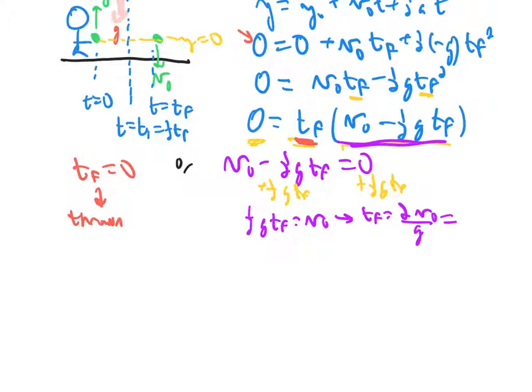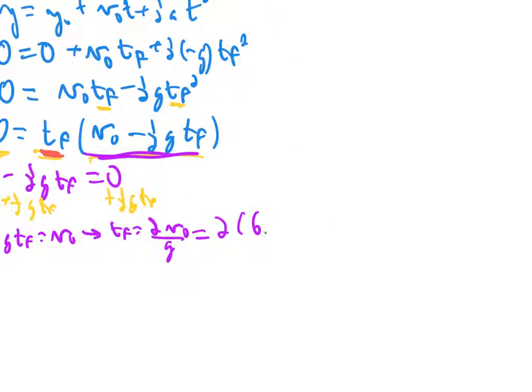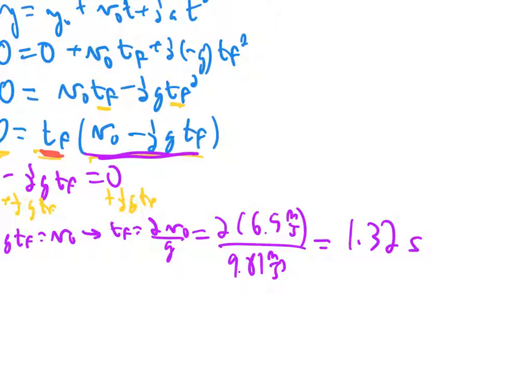If we plug in some numbers, we'll have 2 times the initial speed of 6.5 meters per second over the 9.81 meters per second squared for g, and we get 1.32 seconds. So that would be our time of flight.